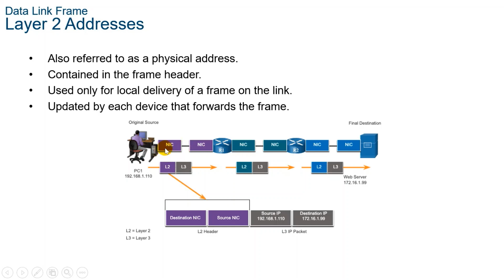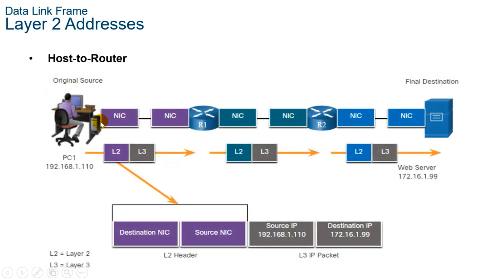Therefore, NIC to NIC is operating on layer 2, or the data link layer, and that layer 2 frame has the destination and source MAC addresses. Now, once it reaches the router, the communication is now on layer 3. This is now a layer 3 communication, and that is where IP addresses are being used. We are going to discuss this process in detail on the next slide.